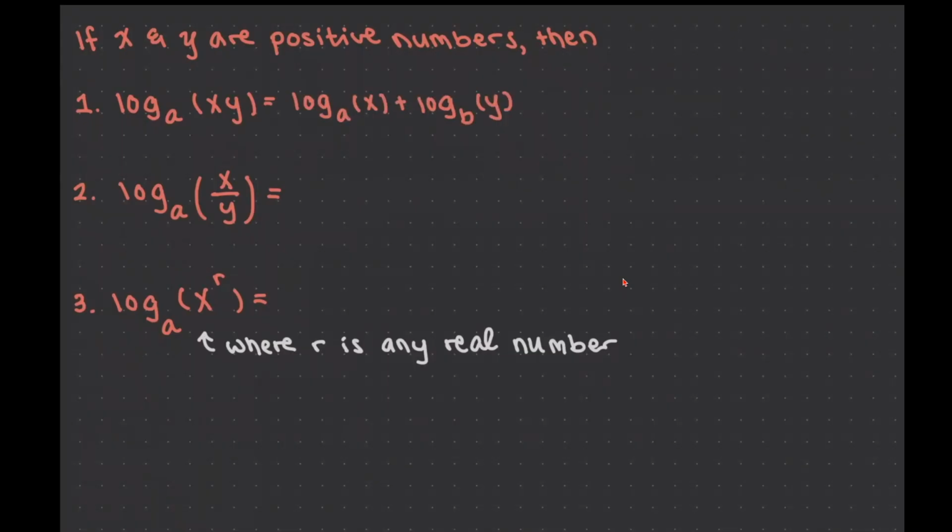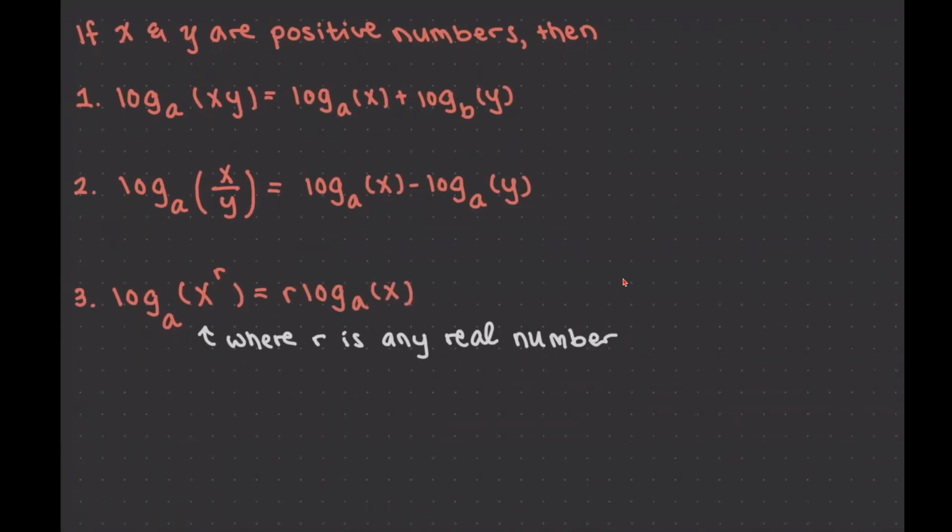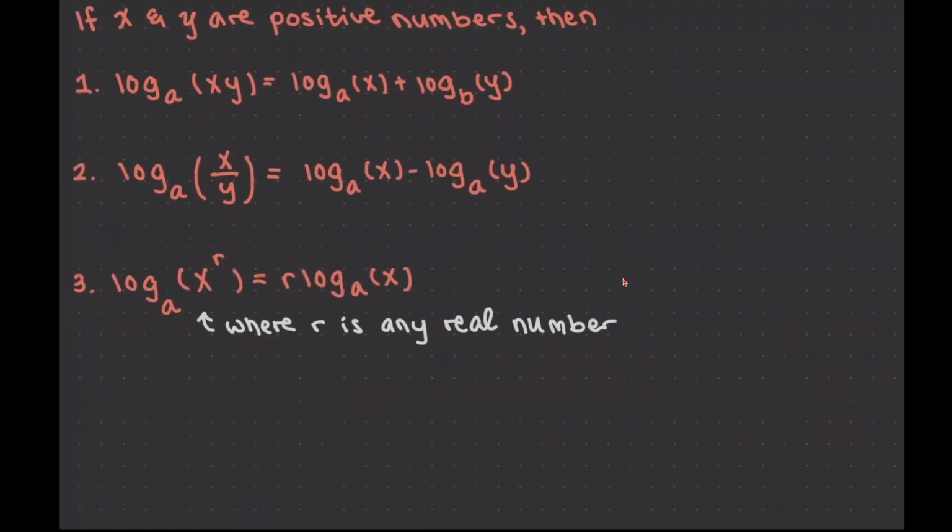Log base a of x over y is log base a of x minus log base a of y. And if I have log base a of x to the power of r, this becomes r log base a of x, and here r is any real number. So super important to keep in mind. These will make the upcoming problems much easier.